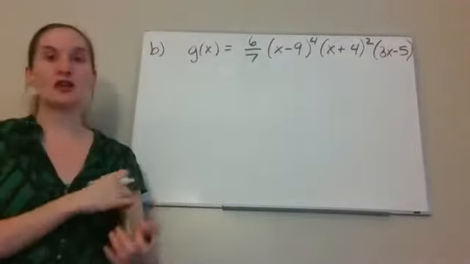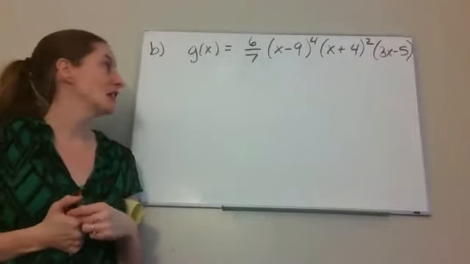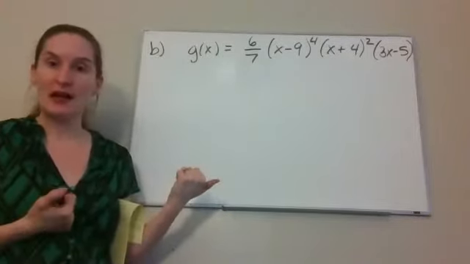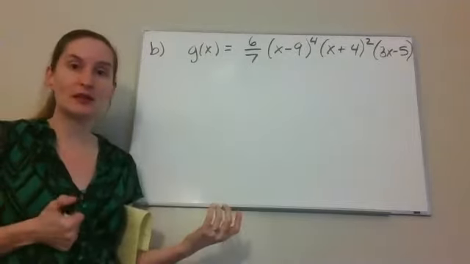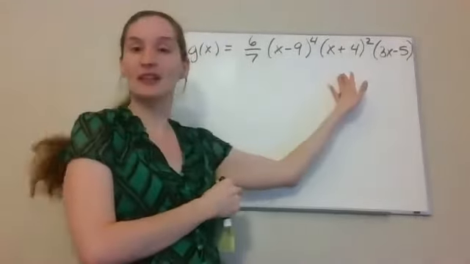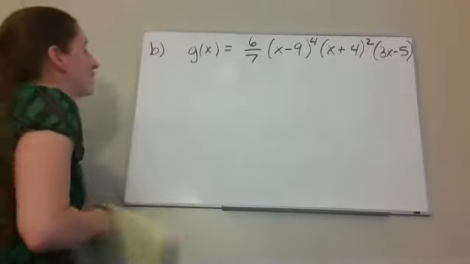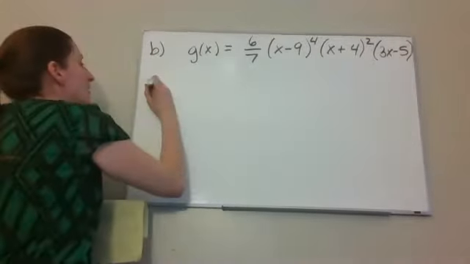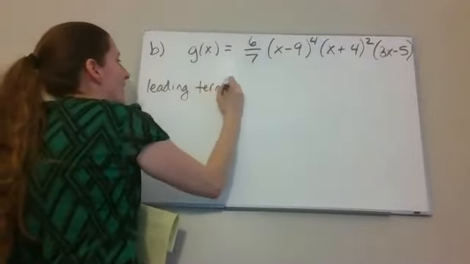Now, we know to determine the end behavior of the graph, we need to use the leading term test. I don't know my leading term right now, though, because my function is completely factored. It's not distributed completely out. Don't worry, though. We don't have to completely distribute everything to figure out the leading term. To figure out the leading term, we can just imagine that we're distributing everything.